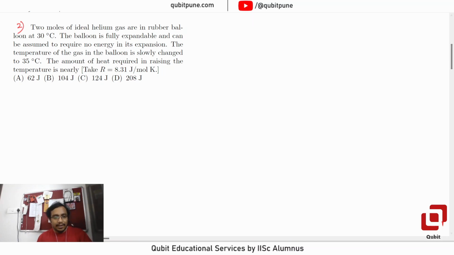So we have an ideal helium gas, so the ideal gas equation applies. We have 2 moles, n equals 2. Helium is a monoatomic gas. Initial temperature is 30 degrees Celsius. The balloon is fully expandable and can be assumed to require no energy in its expansion.